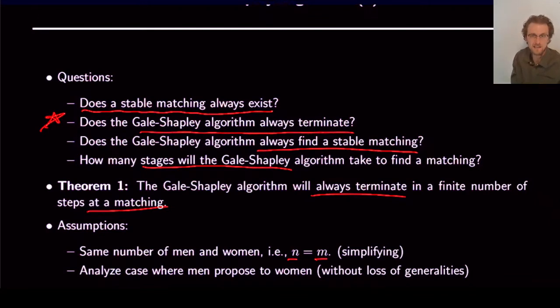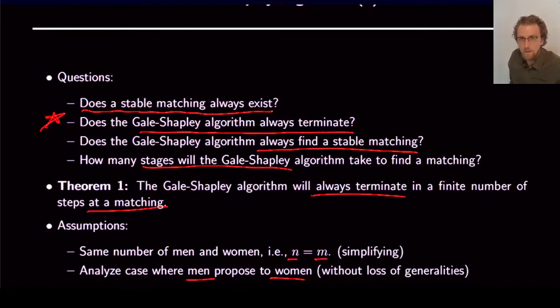It's that easy. And then we'll analyze the case where the men are proposing to the women, though it need not be the case. There's no difference between men and women in the Gale-Shapley algorithm, other than we call one of them the proposing side and the other one the proposee side. So this is just the version of the algorithm that we're going to be looking through.